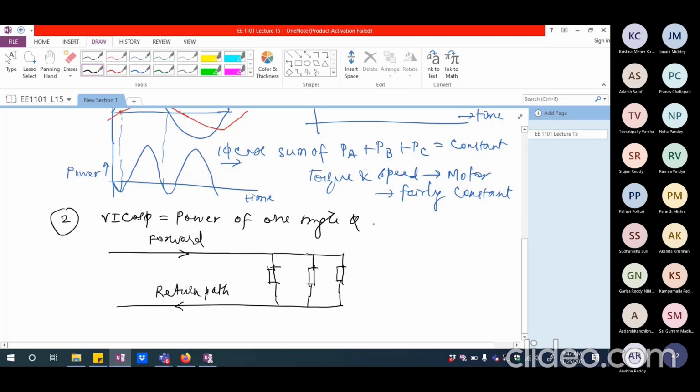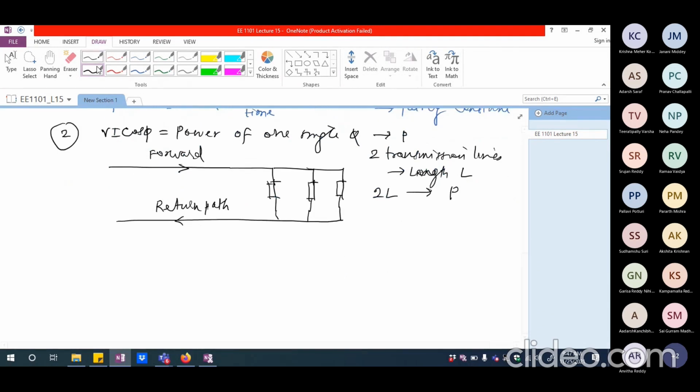And I will be able to transmit a power of P. So I should say two transmission lines literally, of length L each, and you are going to have 2L length transmitting a power of P, for example.